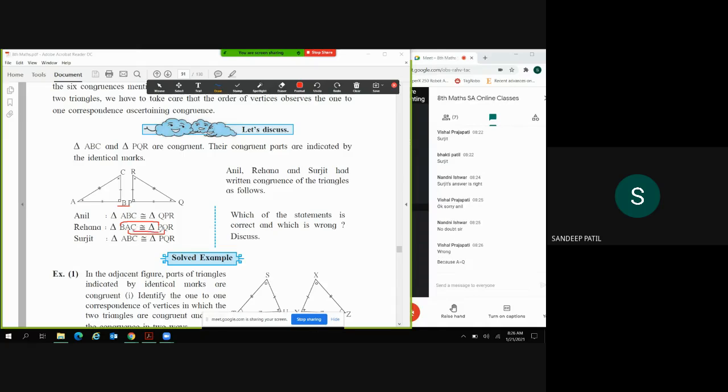And C corresponds to R. Yes, A corresponds to Q. It's right. So this is also right. Okay. Only Surjit has given the wrong answer. Okay, that's fine.